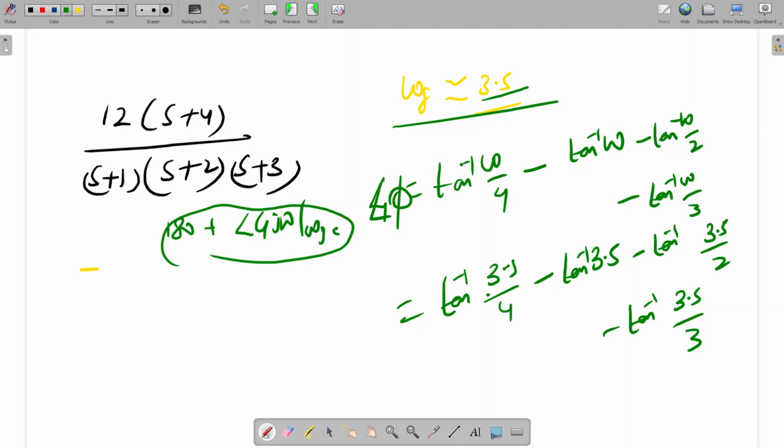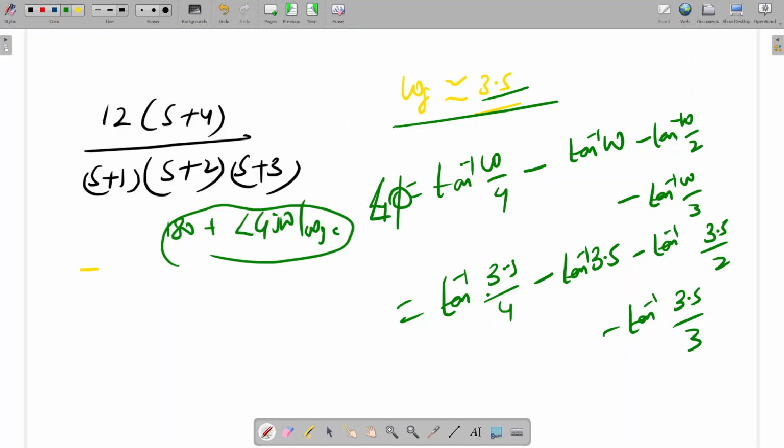So how much will be the angle? I am also calculating. You can calculate: tan inverse 3.5 by 4 minus tan inverse 3.5 by 1, minus tan inverse 3.5 by 2, minus tan inverse 3.5 by 3.